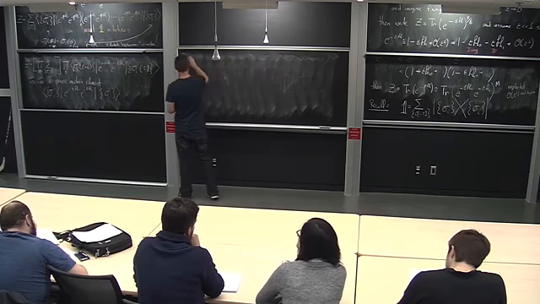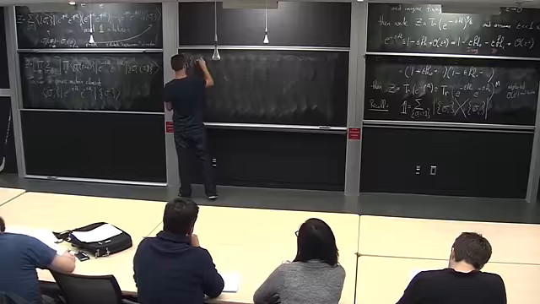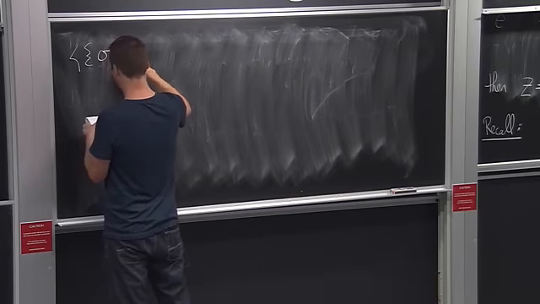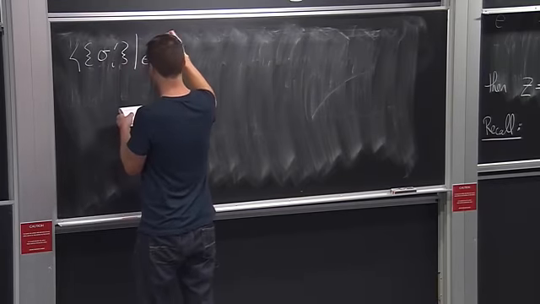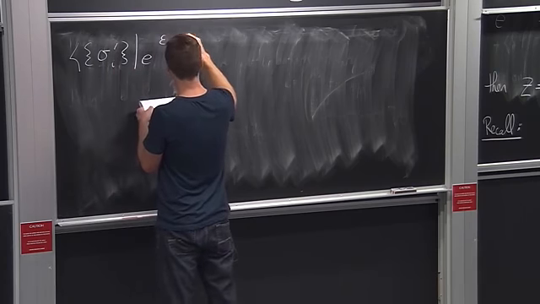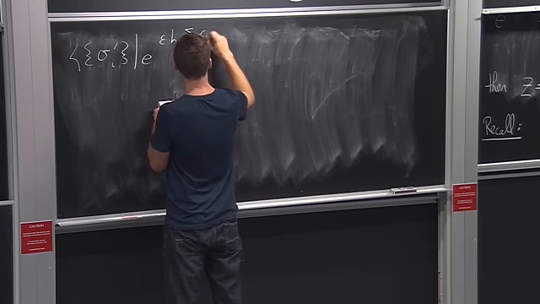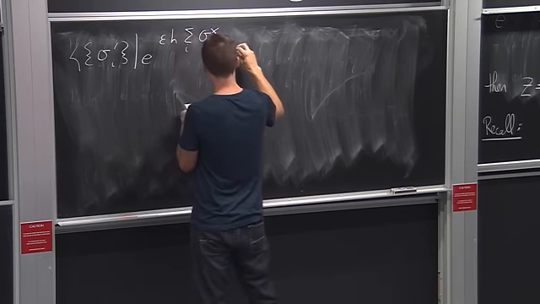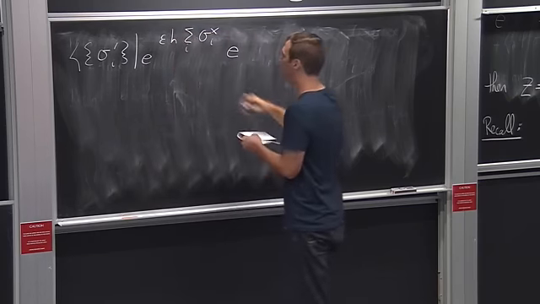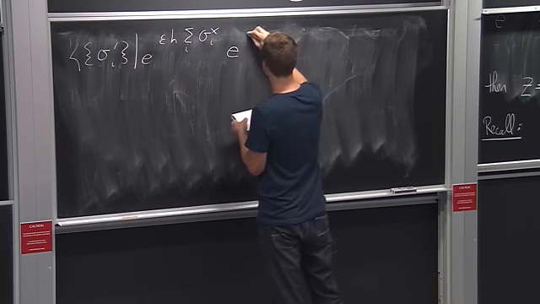So that matrix element, let me write it like this. Just remember there's a sum in the Hamiltonian there.